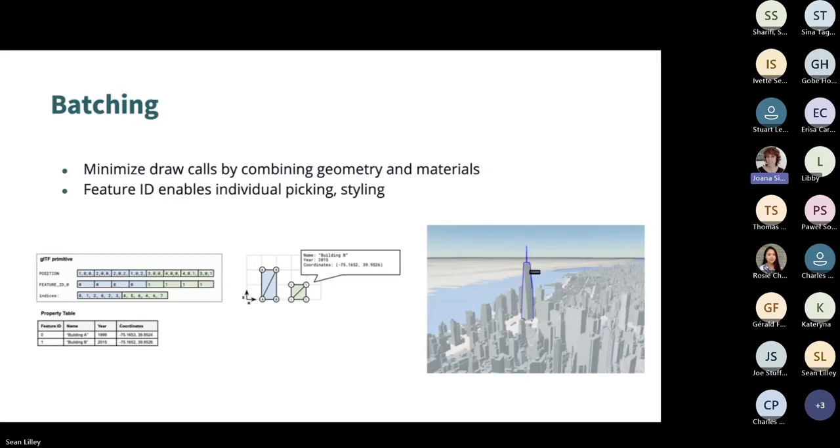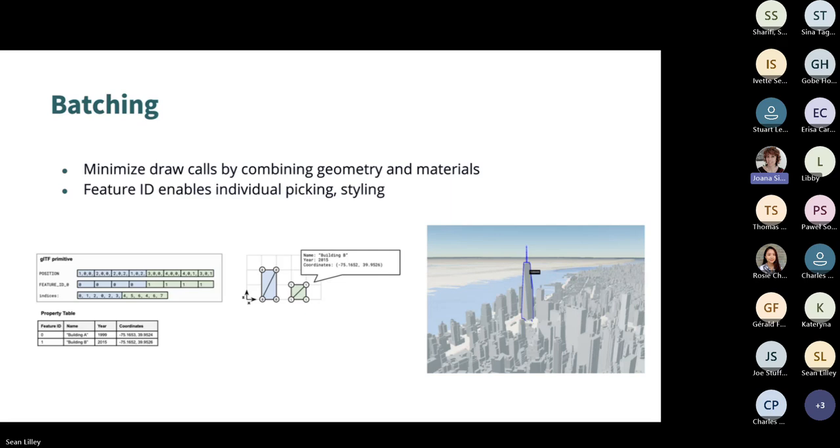And then some other things that we do with 3D tiles for optimizing is something called batching, which is when you have a lot of different features in the same tile. You don't want to render each of those features individually because then you'll have a lot of draw calls, which is very inefficient for the renderer. So we try to batch all the geometry that we can together, and we add a separate vertex attribute called a feature ID attribute that stores the IDs.